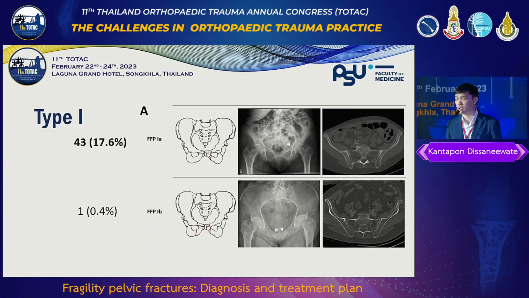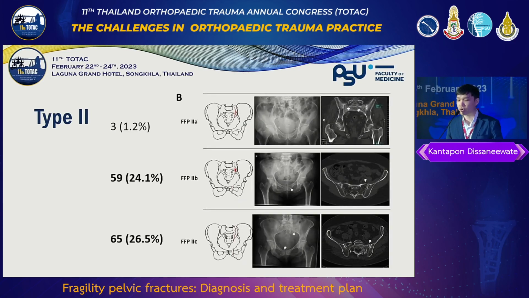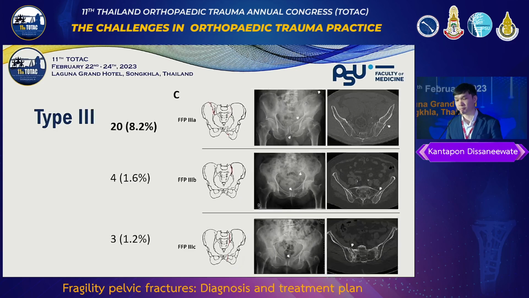For type 1, usually you can see that there are unilateral fractures most of the time, around 20%. And type 2 is usually an impact fracture of the posterior ring, or maybe a complete fracture, which makes up 50% of all the cases of FFP. For type 3, the most common one in the posterior ring is the iliac wing fracture.